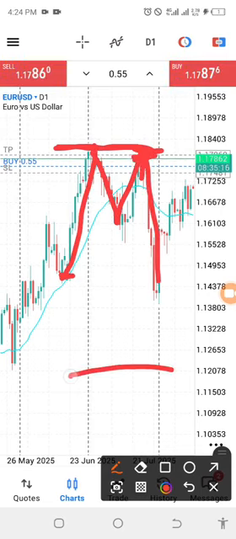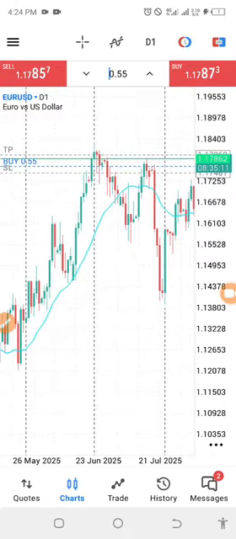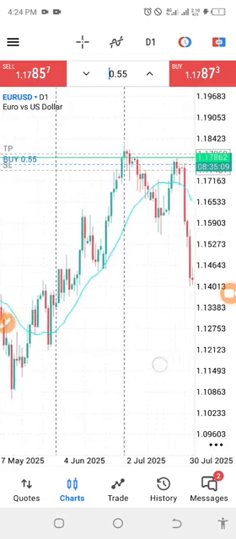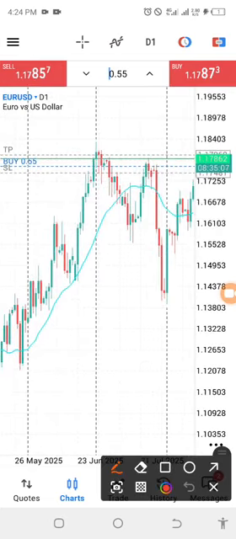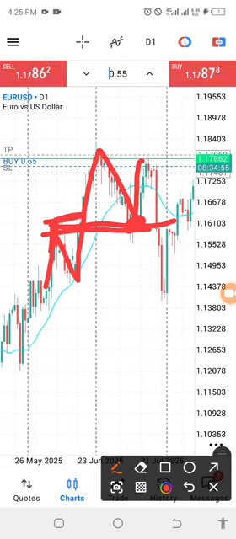So price will always try to repeat its action. It always tries to test zones that it once touched and reversed from. Look at this zone here. Price went up here, came down, broke it, came back, turned it to support, and still went back up. So that's exactly how price behaves.